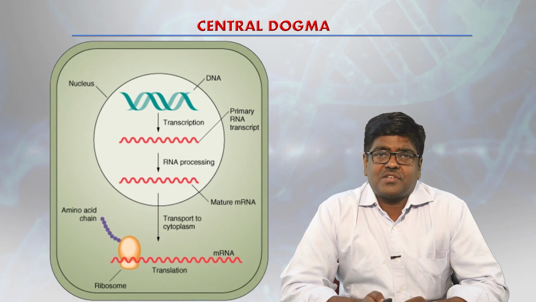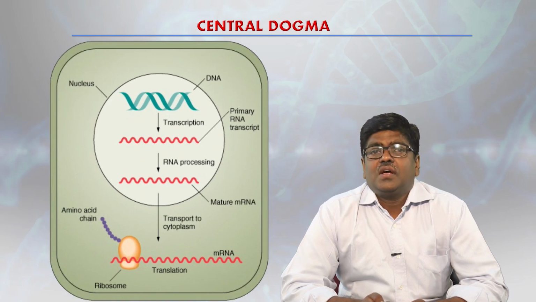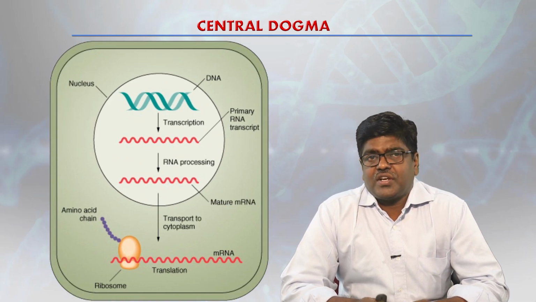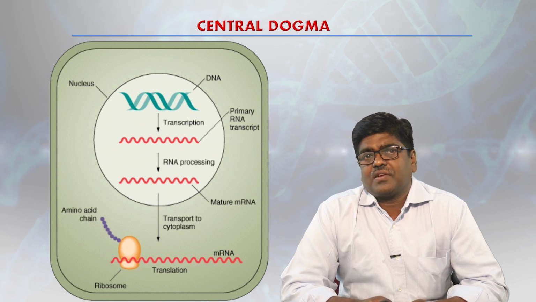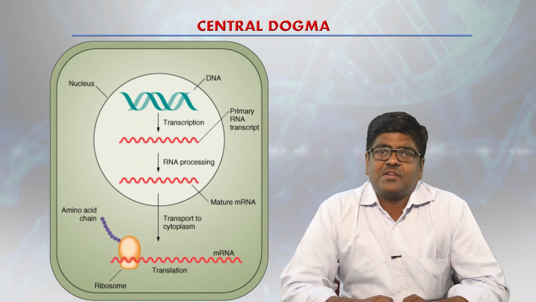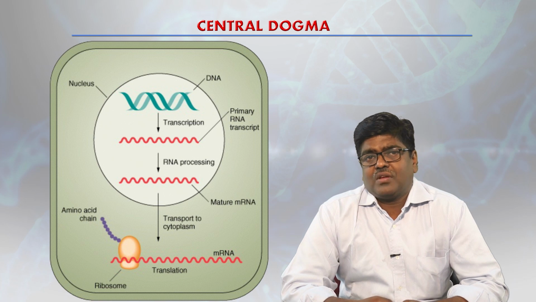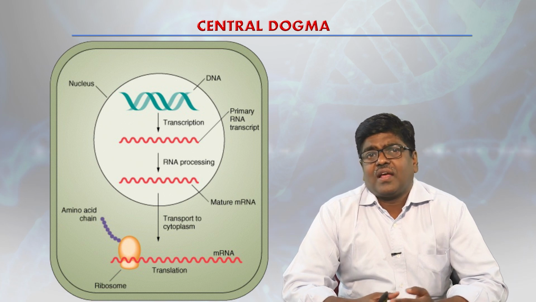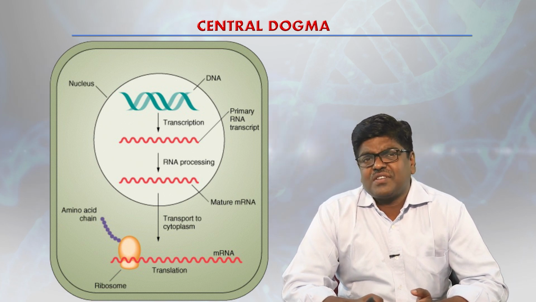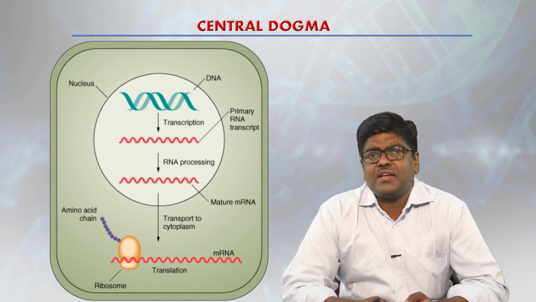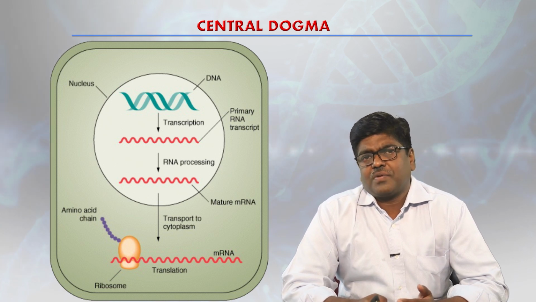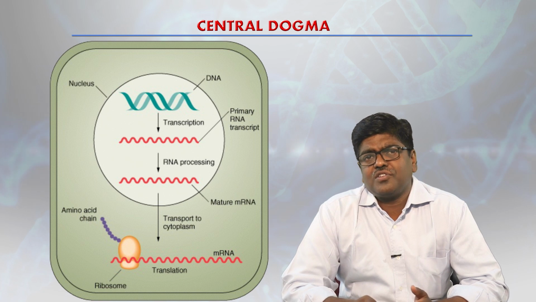Coming to the central dogma, DNA is the platform where the genetic material lies, and DNA is transcribed into messenger RNA. Basically, the same language is scripted in a different format. Like in a newspaper, the same news is given differently in different newspapers, but it is the same news.